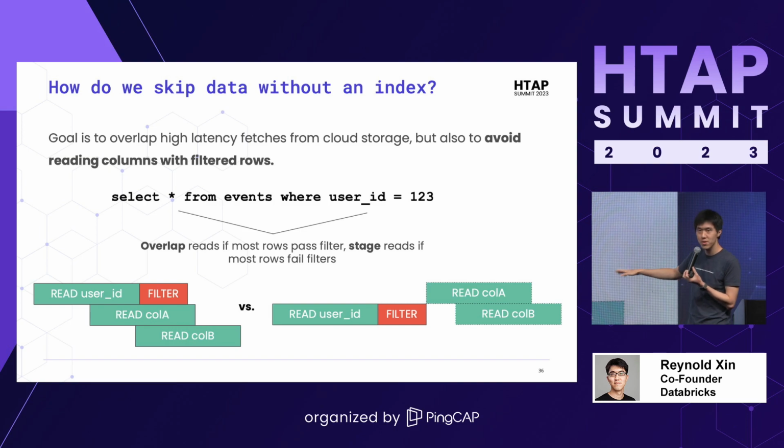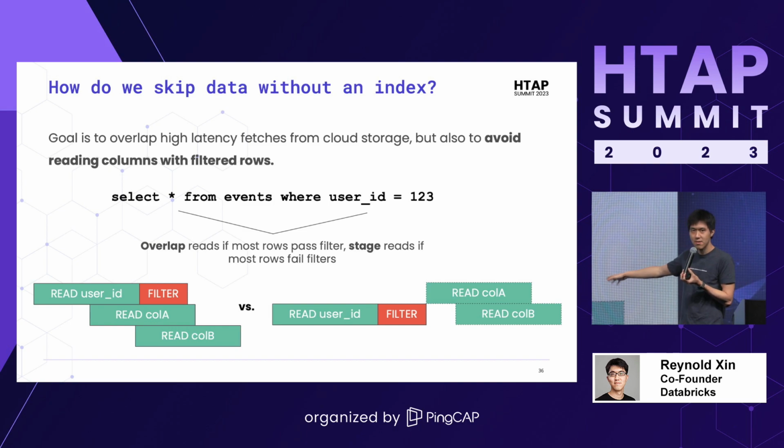In the latter plan, when there's no match, we don't have to read A and B, so we skip a massive amount of I/O. Now, I showed you a very small example of 3 columns. Imagine in practice you have 20 columns, and because the predicate column tends to be highly compressible, you might be reading less than 1/100th of the data.